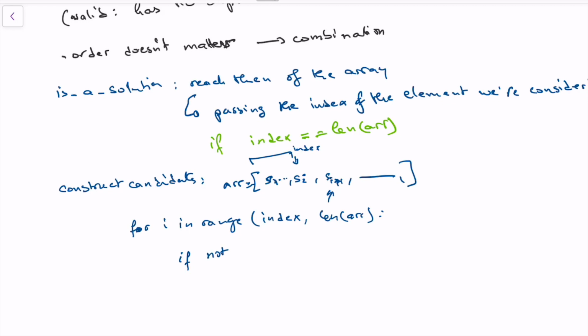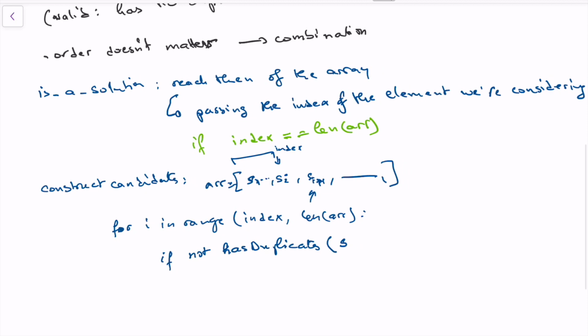So we can just say if not has duplicates. What may have duplicates is the string we have so far. Let's call this S, which would be the concatenated subsequence we have so far.